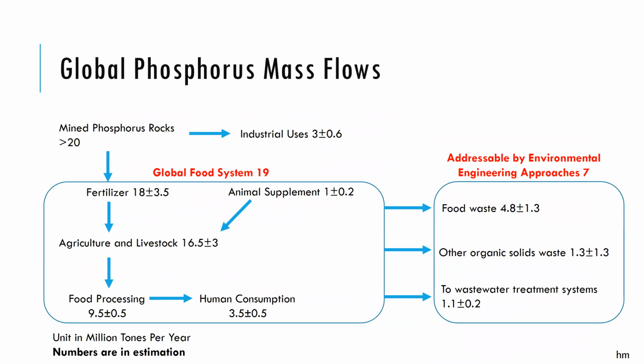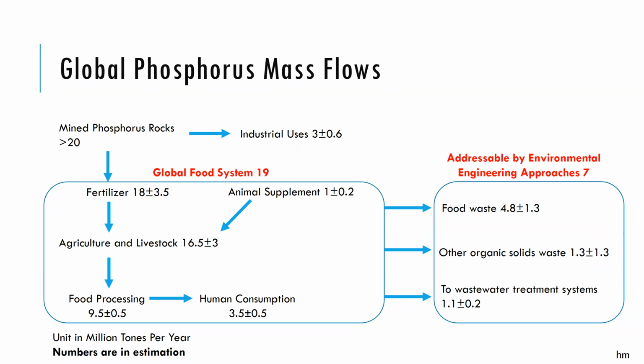Okay, so global phosphorus mass flows. Well, this is an attempt which has been made by many people. It's kind of a conglomeration of a bunch of data. If you do the math, the numbers don't add up, but there's a lot of scatter in the data.